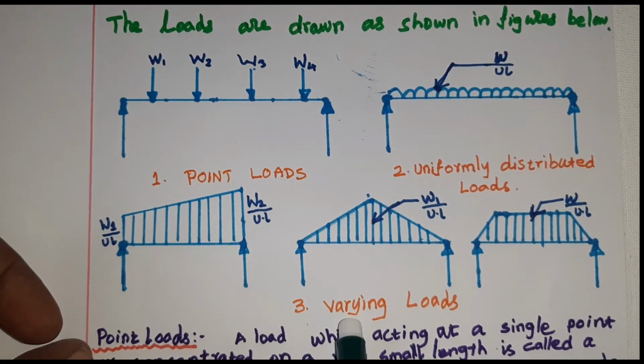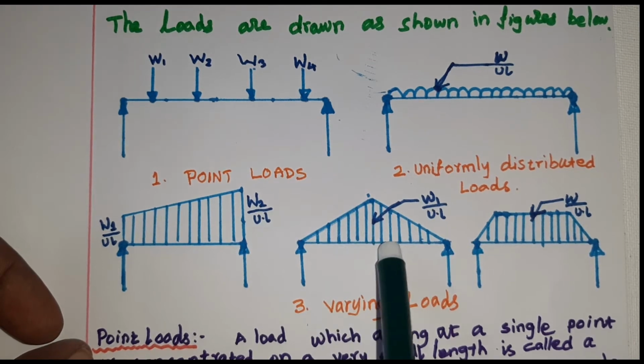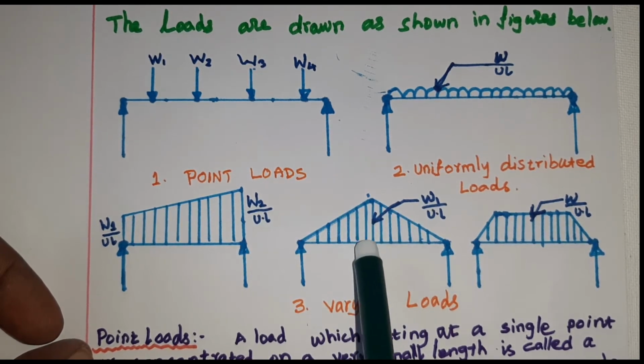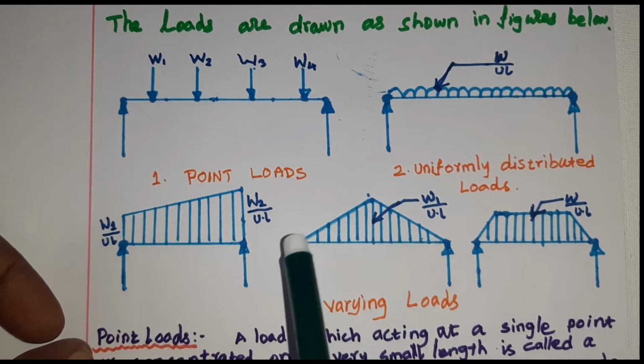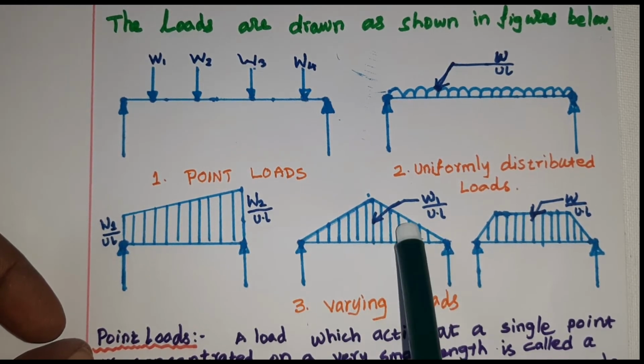So this one is perfectly a two-way slab. That means Ly by Lx. If you have a slab with Ly by Lx equal to 1, we will have this kind of triangular shaped load.